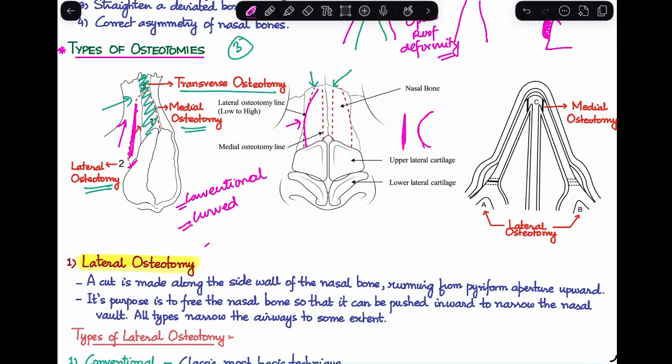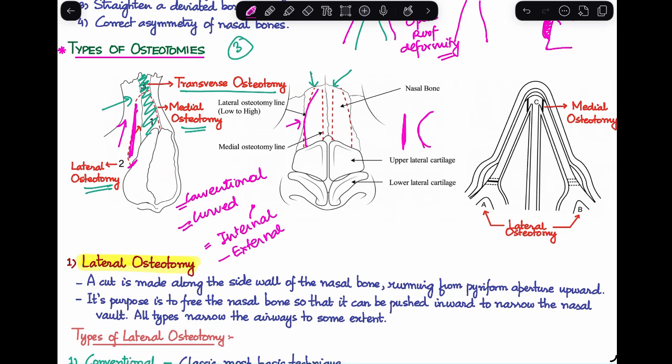Next two types is based on the approach that you are taking for lateral osteotomy. So it can be internal or external lateral osteotomy. Internal meaning, as you can guess already, that we are introducing the osteotome through the nose, through the intranasal route. In this internal approach, we are not giving any external scars.